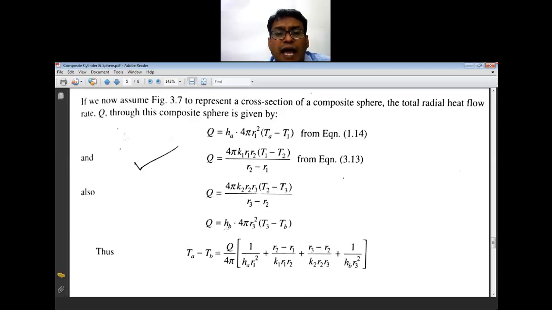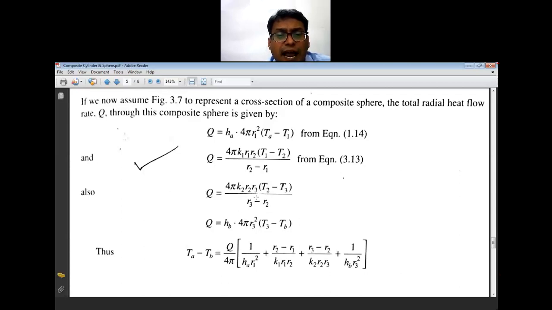After that, the fourth resistance comes as the convective resistance outside the second sphere, that is HB into 4 pi R3 square into T3 minus TB.